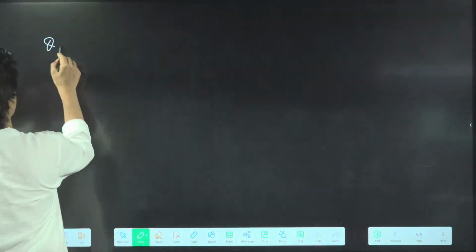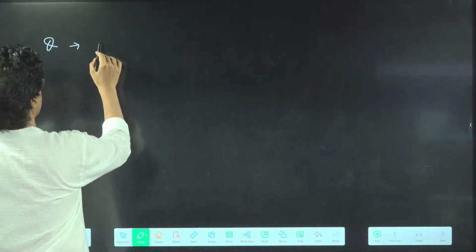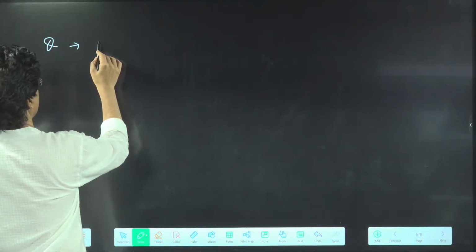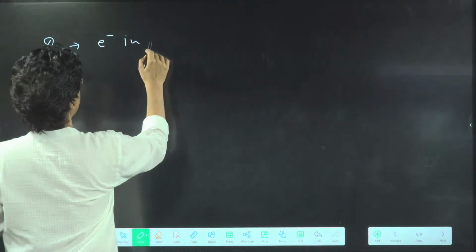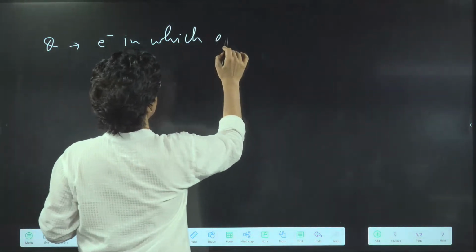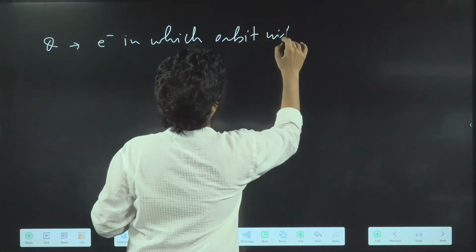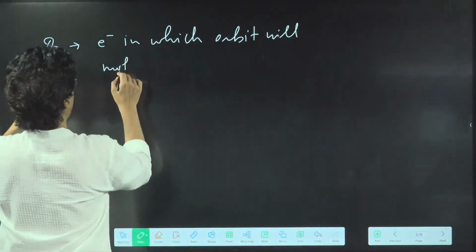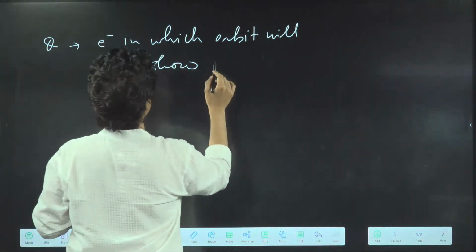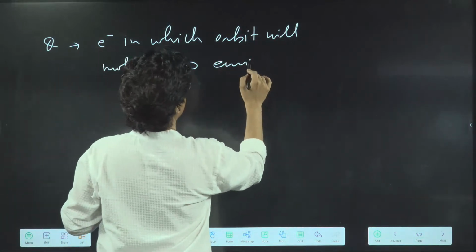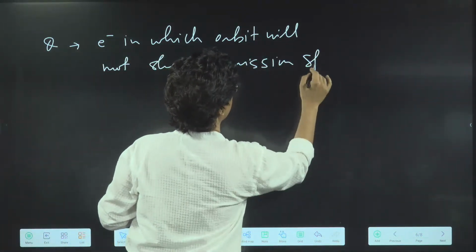Look here, children. I'm asking one question. Electron in which orbit will not show emission spectrum?